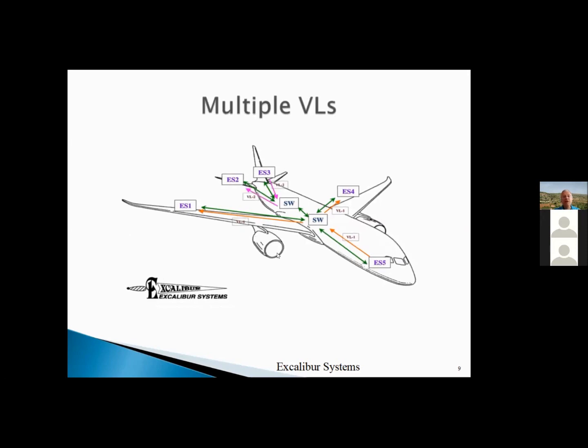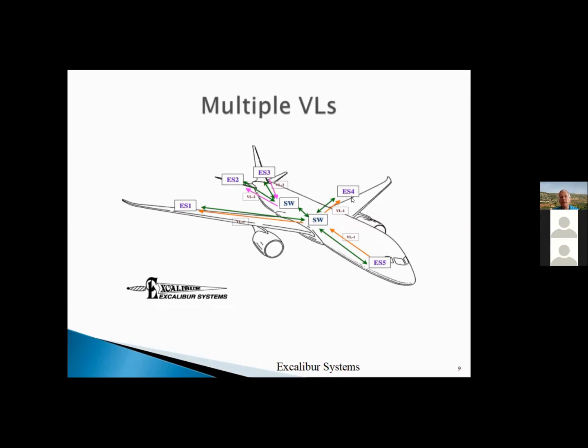Okay, let's say I have a bunch of VLs. So I've got VL1, which we saw in the previous slide, and I've added now VL2 in the back. Now each VL, by the way, is only going to be sent by one end system. So VL1 is sent by end system 5. End system 4 can send VL 17 and 22. These numbers are being given out by the system architect when he designs the plane.